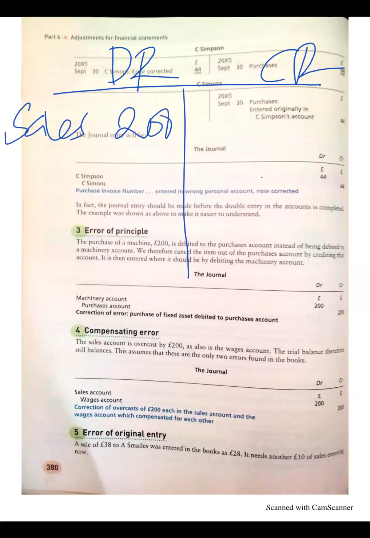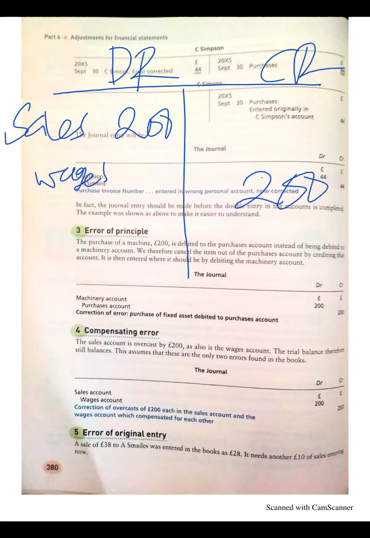And what is credited is the wages account. The wages account belongs to the debit side, but since you want to correct it, you credit it. That is how you can deduct the amount. So these are the correct journal entries. And then you write that the compensating error is now corrected.